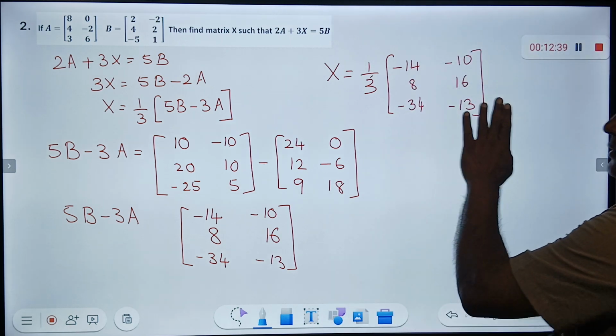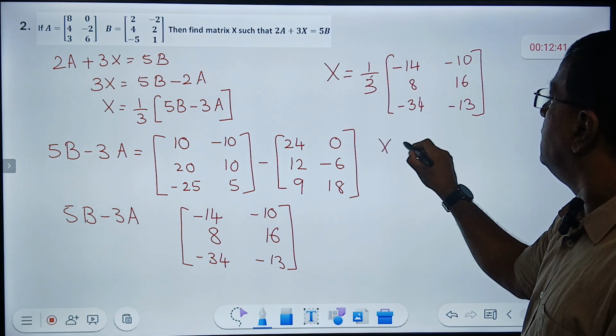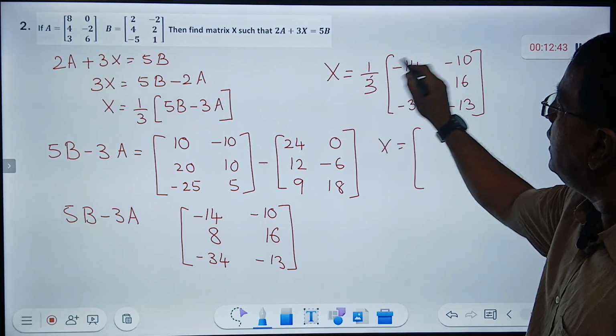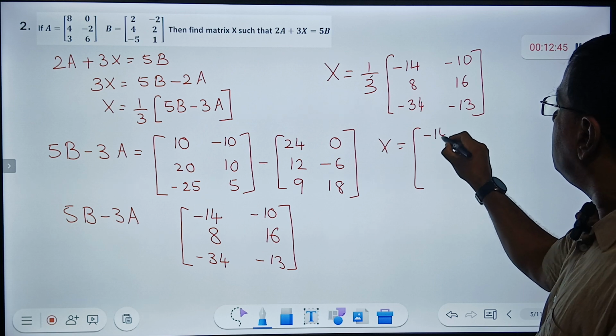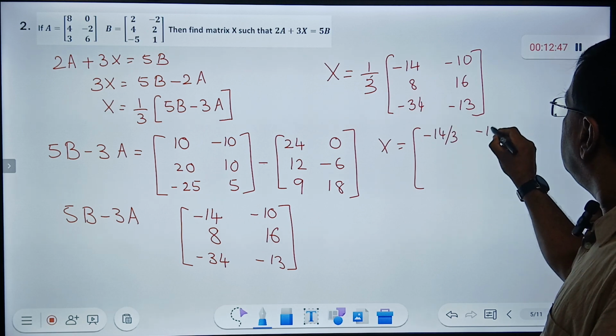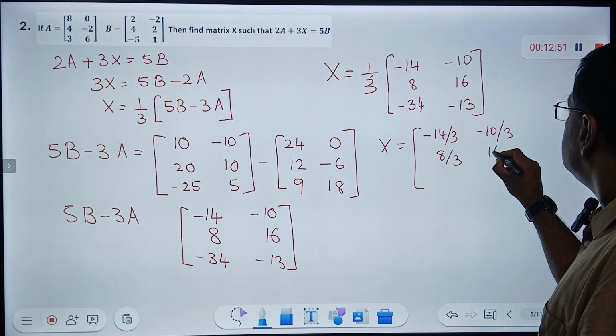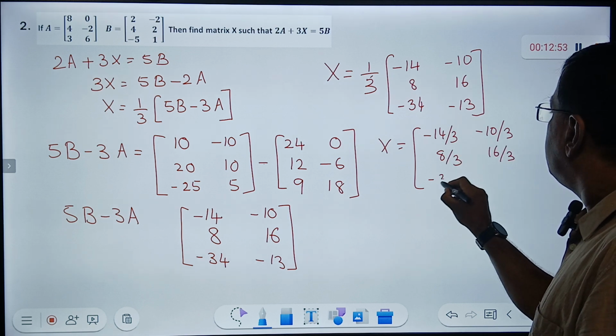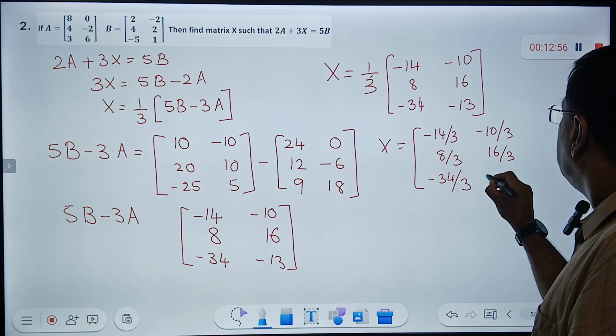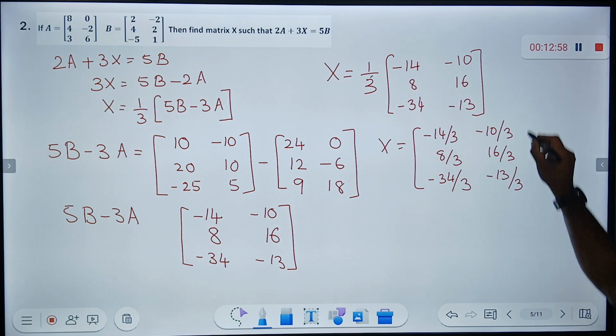You can keep it like this, or you can even send that 1 by 3 inside. The scalar is 1 by 3. So it is minus 14 by 3, minus 10 by 3, 8 by 3, 16 by 3, minus 34 by 3, minus 13 by 3.